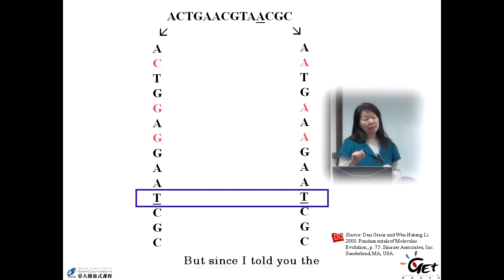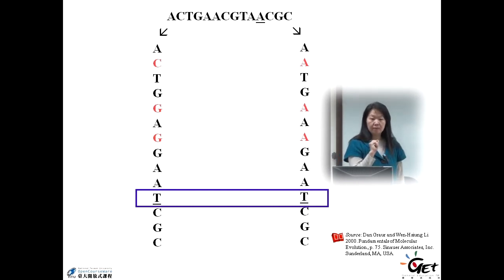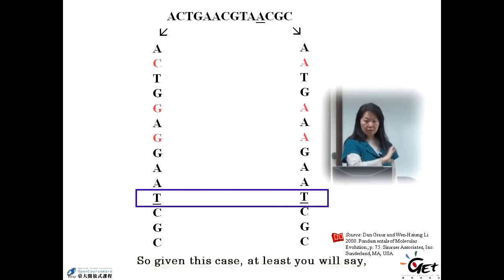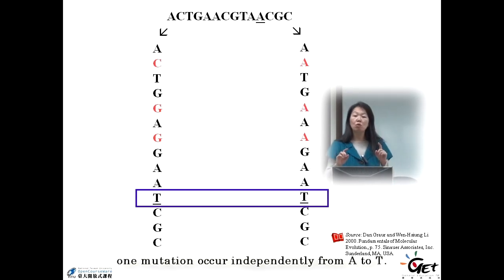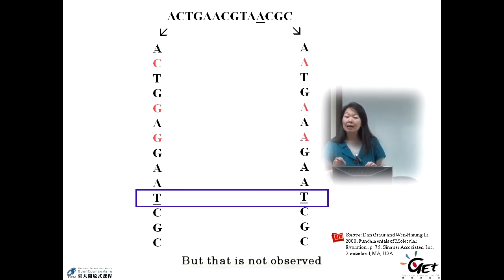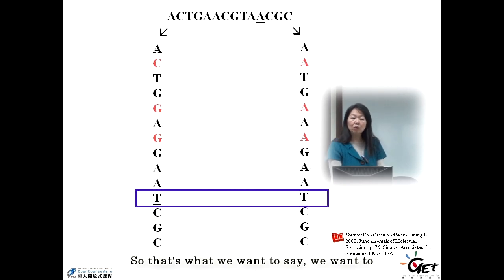But I told you the ancestral sequence on the top is actually an A. Given this case, you would at least say that the two sequences had a mutation occur independently from A to T, but that is not observed when you simply put the two sequences together.